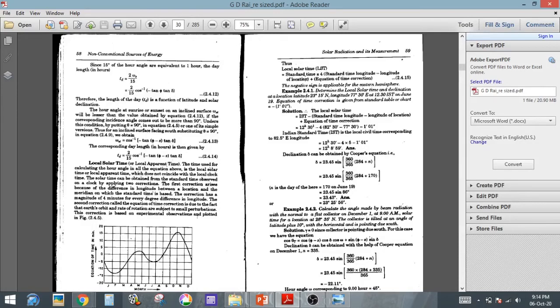This local solar time is given by the expression standard time plus or minus 4 into standard time longitude minus longitude of location plus equation of time correction.